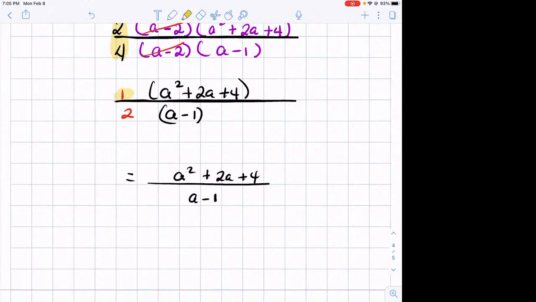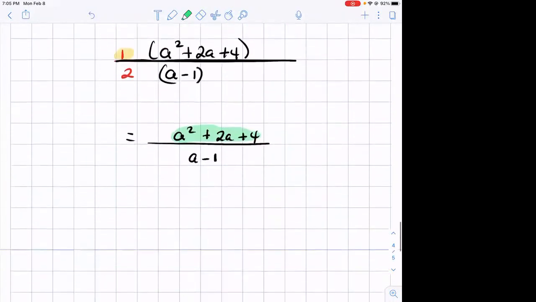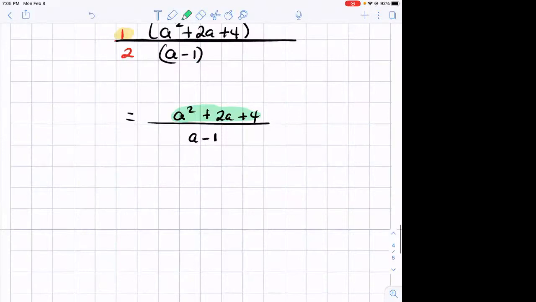Now please note that this is a quadratic. So why didn't I try to see if I can factor that? Well, that goes back to the difference of cube formula.